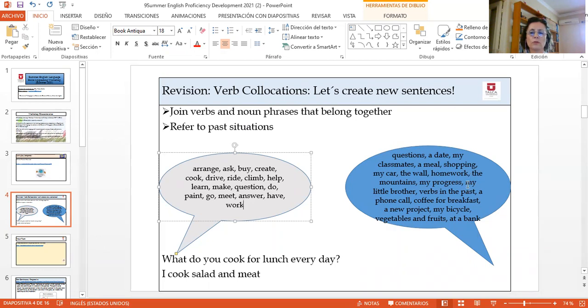So always try to find out which is the right collocation. Yes, you know that go goes with to. Meet people. So I meet. Which is a collocation for meet? Every day I meet my classmates, my colleagues, always people.